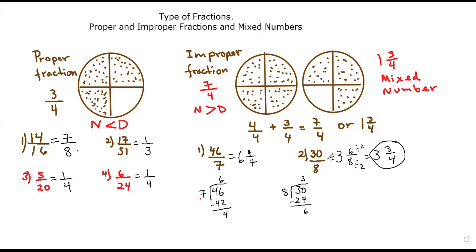Let's practice with more examples. That would be number 3. Let's write 35 over 20. And we're going to have here number 4.